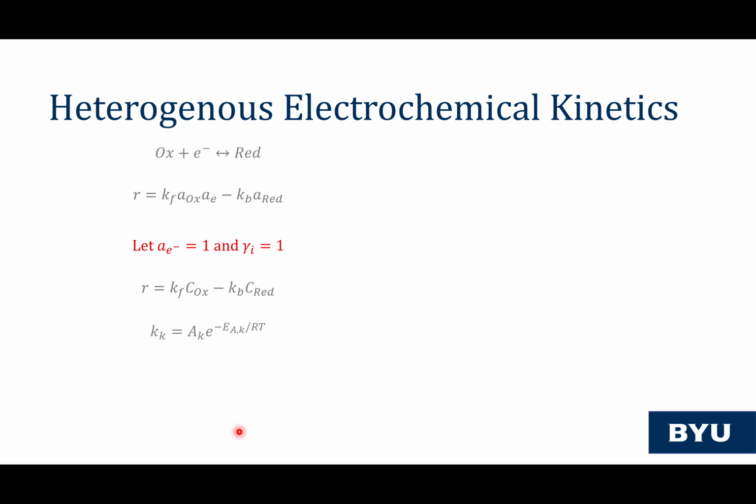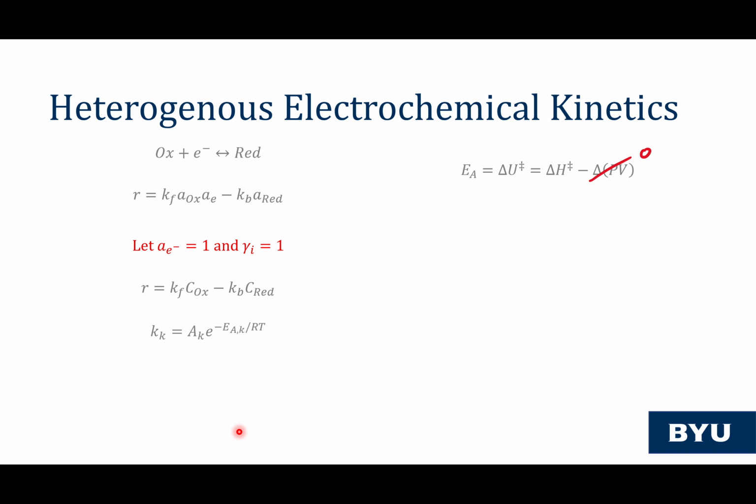So we have our new rate expression and the Arrhenius equation, and let's see how we get from an energy of activation to the change in Gibbs free energy to the transition state. So the energy of activation is equal to the change in internal energy to the transition state. And through thermodynamic definitions, we know that the change in internal energy is equal to the change in enthalpy minus the PV work.